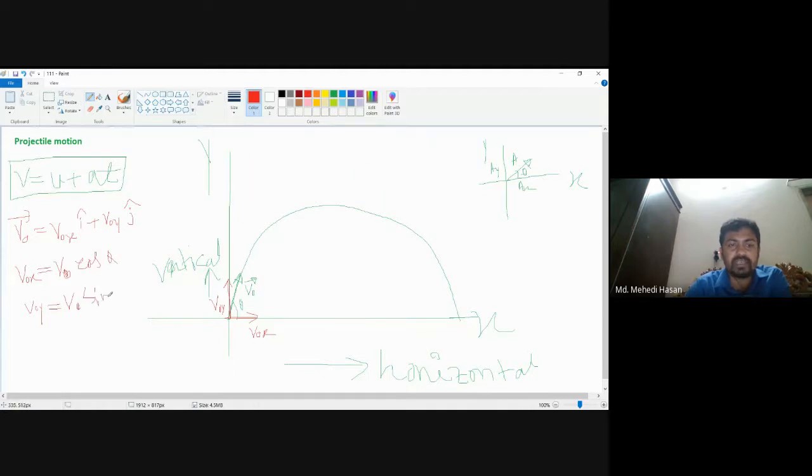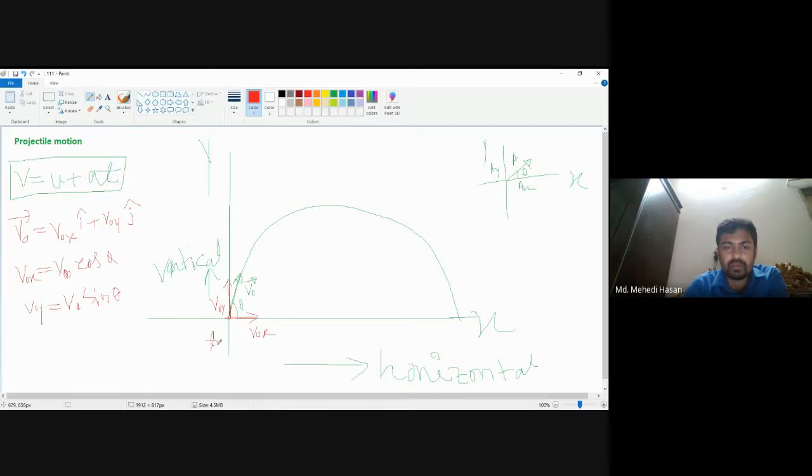So this is the initial velocity in unit vector notation and also in component form.